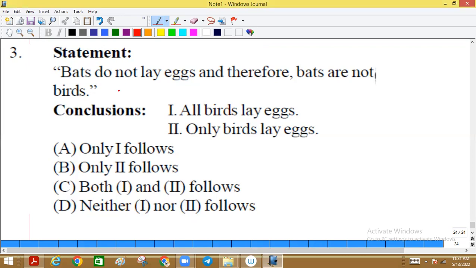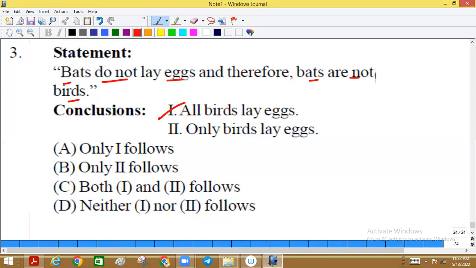Bats do not lay eggs, and that is the reason bats are not birds. What is the conclusion I can derive from this? Saying that bats do not lay eggs, and therefore bats are not birds, means that birds lay eggs. That is the embedded one. So all birds lay eggs.